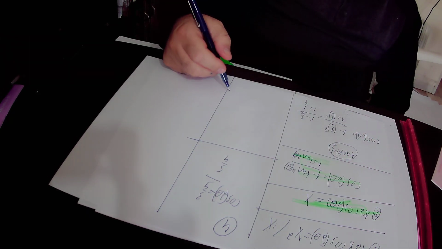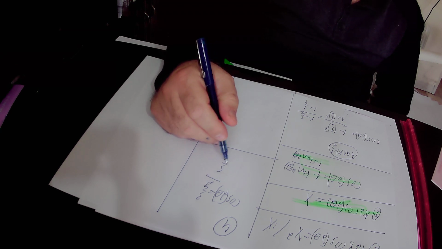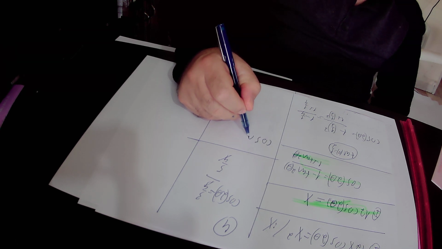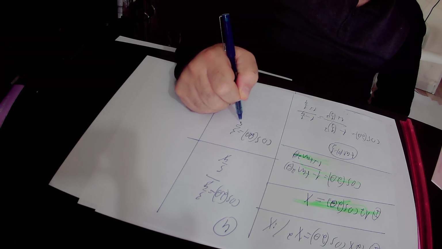So here we have 4 in the numerator and 4 in the denominator, so 4 will get cancelled. And in conclusion, we found out that cosine 2 theta equals 3/5.